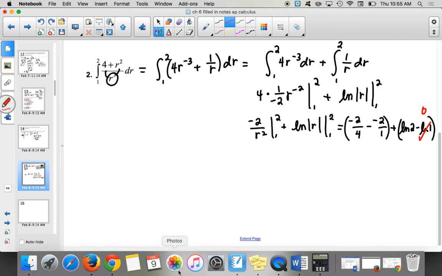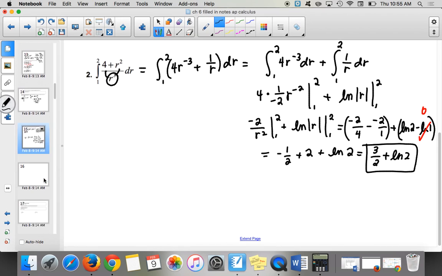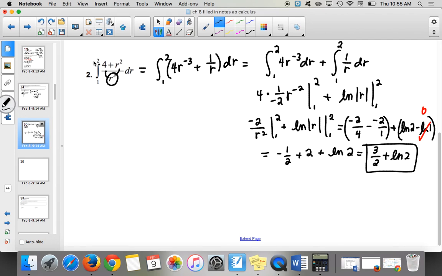You could use the division rule there too and just call it natural log of 2 over 1. All right, so I get negative 1/2 plus 2 plus natural log of 2. So my answer is 3 over 2 plus natural log of 2. You do plus C? Nope, because this was a definite integral. These were numbers, right? Oh, right.